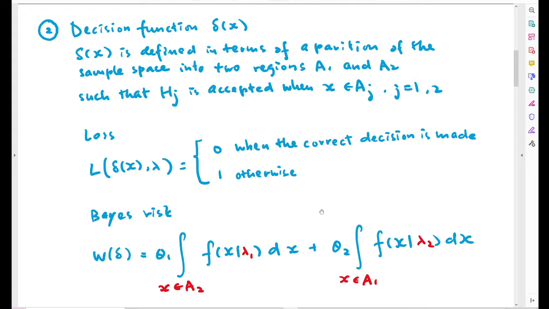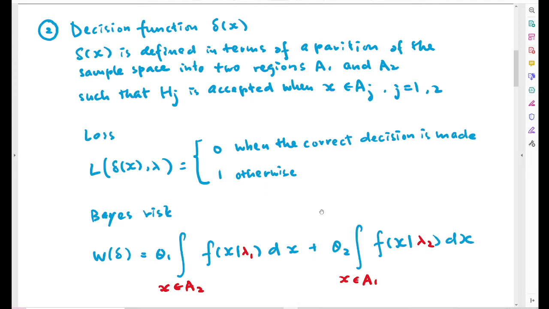In particular, when x is in region A1, then H1 is accepted, and similarly for H2. The loss function for this decision problem is defined as follows: L is equal to 0 if the decision is correct and equal to 1 otherwise, that means the decision is wrong.